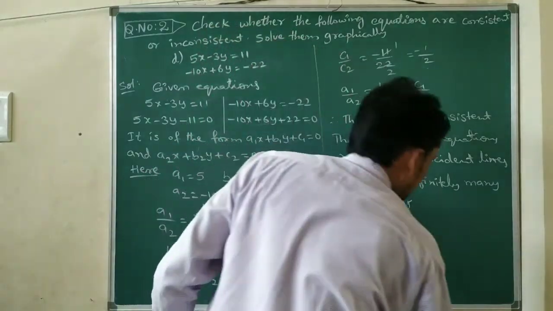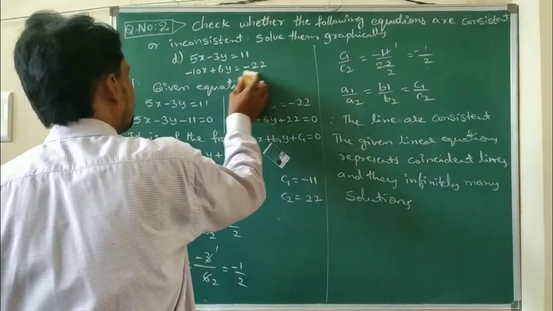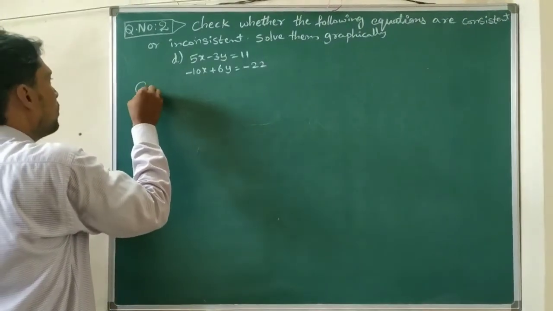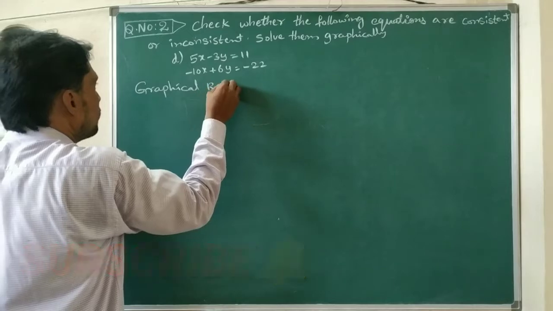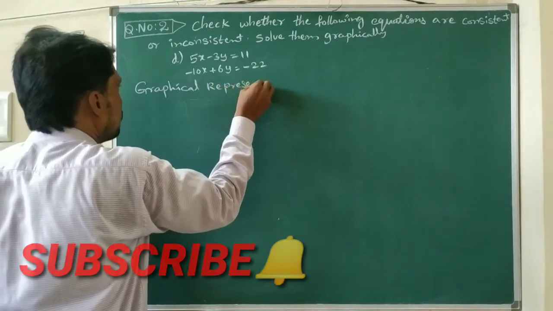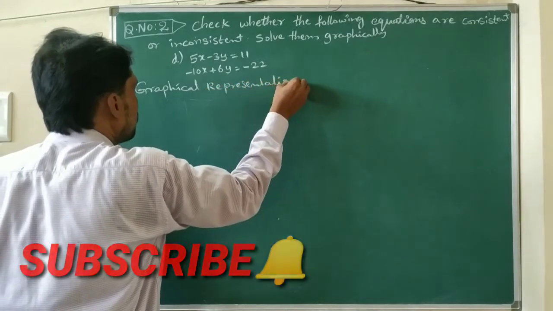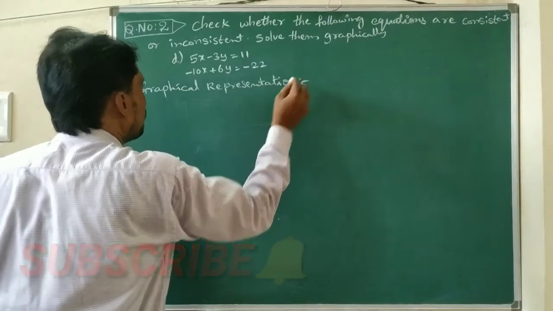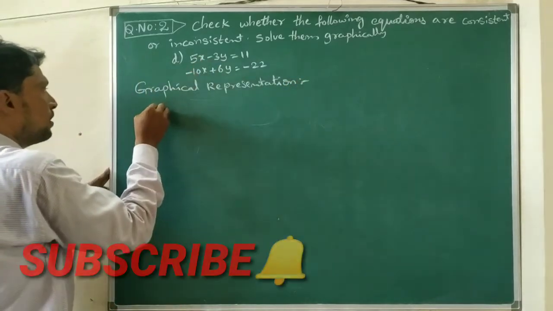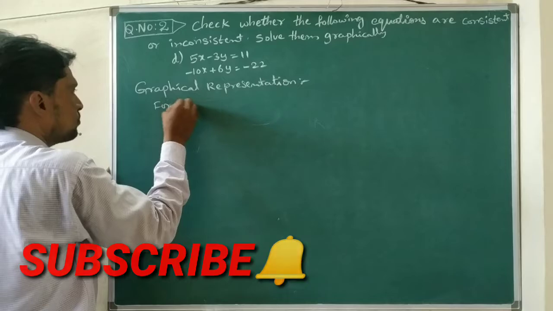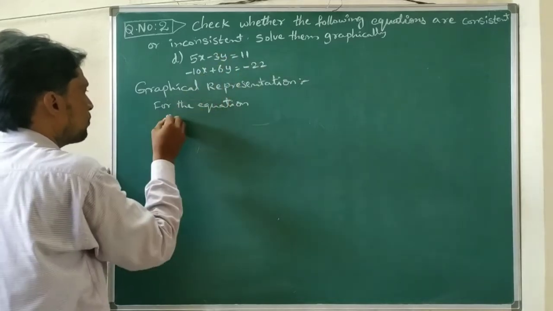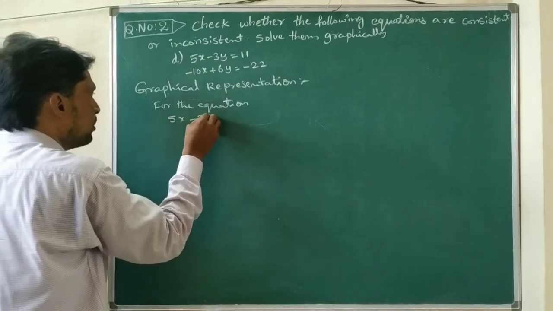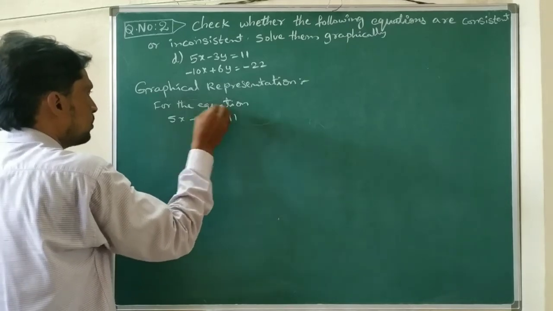Now next, the graphical representation. We need to take the graphical representation for the equations. First, you can take 5x minus 3y equal to 11.